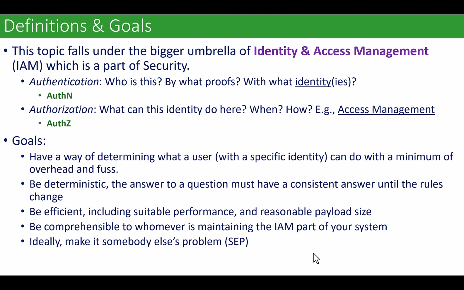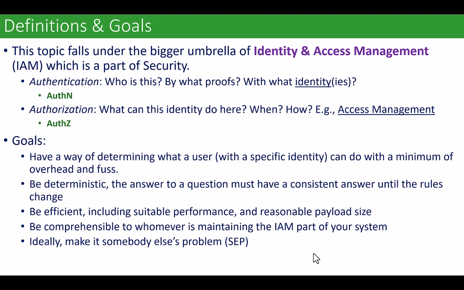And we're going to cover it sort of back to front, in that we're going to cover access management first as part of IAM. So we're going to give some definitions. So authentication is, who are you, right? If you've ever logged into anything, that's what you're doing. You're authenticating. And how do we know it's you?